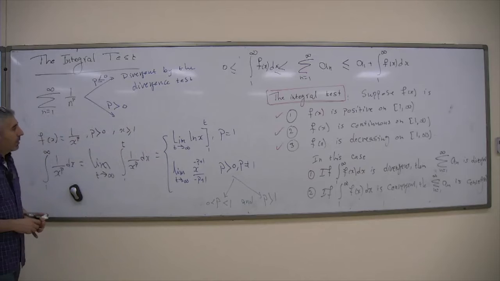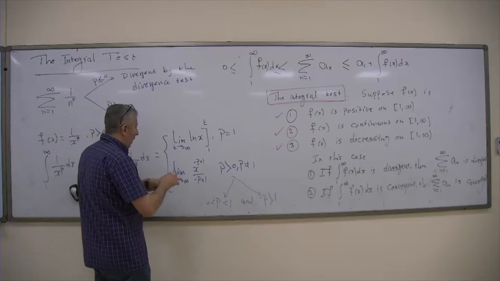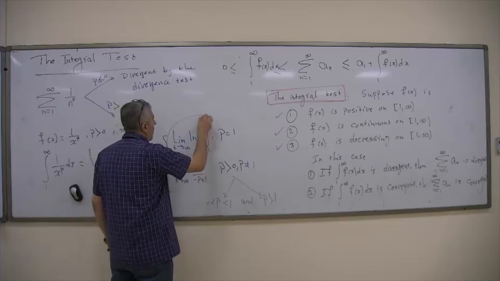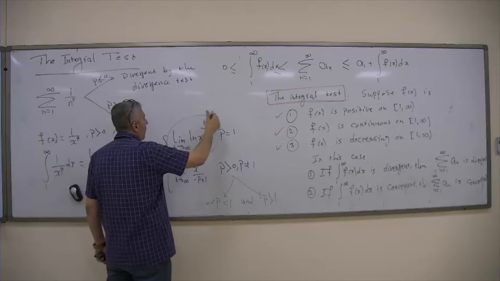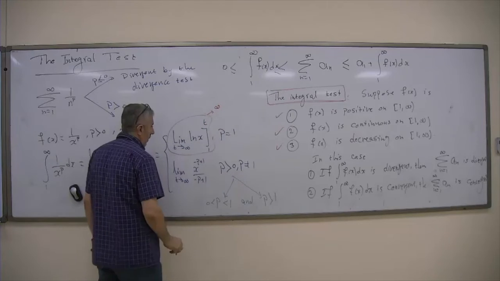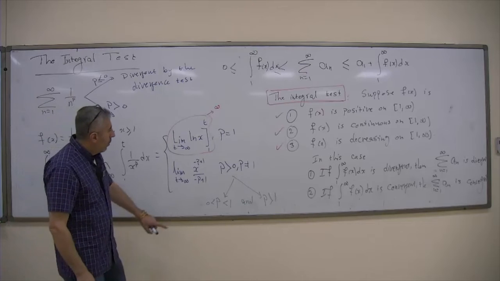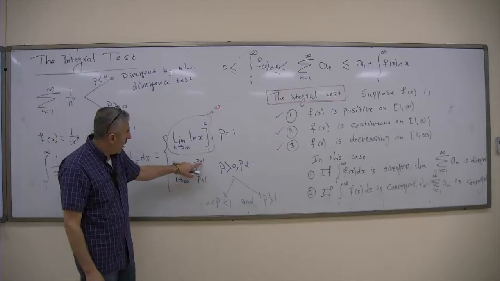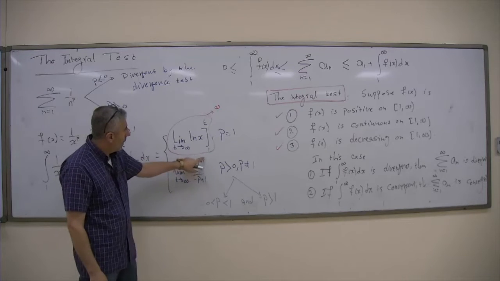Think about this. So here maybe I can write this. Here, infinity. And here we get two cases. We need to think about each one of them. When p is between 0 and 1, what happens to this? 1 minus p, that will be a positive exponent.